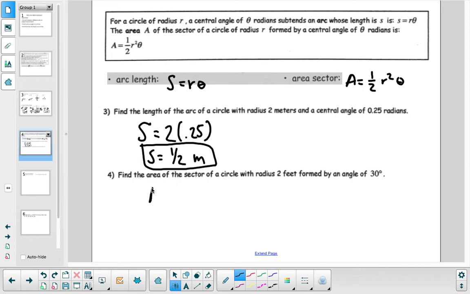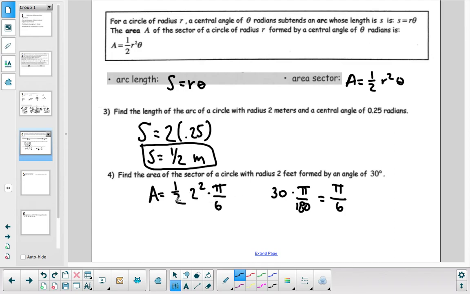The area of a sector is 1/2 times r squared. R is 2. And then I'm going to save this for a second, because right now our central angle is 30 degrees. We need it in radians, so let's convert that. 30 divided by 180 is a sixth, so pi over 6, and plug that in.